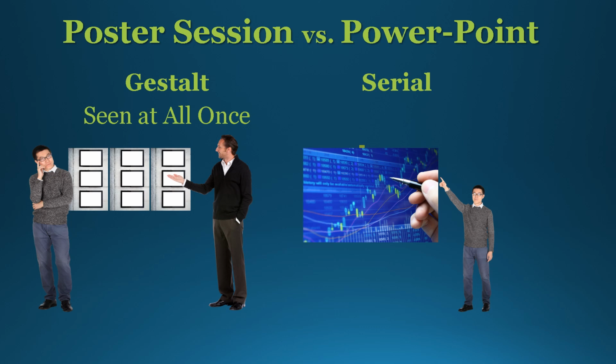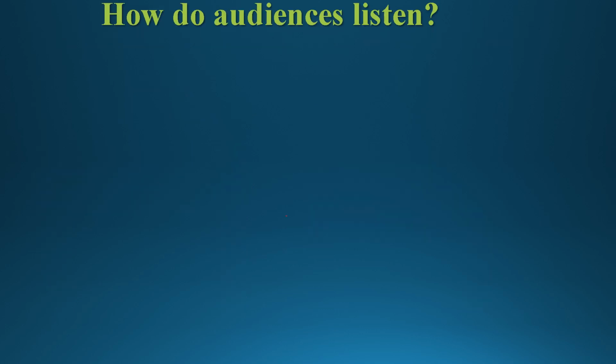From start to finish, there's no chance to go back and review certain aspects of the presentation and try and collate them. It's very difficult cognitively, and we see everything one step at a time. So that is different. So what does it mean for a PowerPoint presentation?